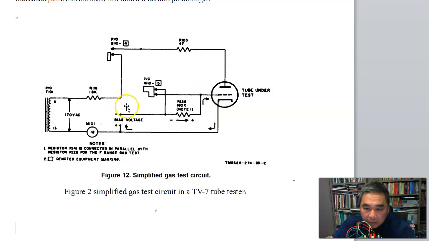There is a grid bias voltage supplied by TV7, and here is a switch. This is a push button switch. When the switch is closed, these two wires are shorted.